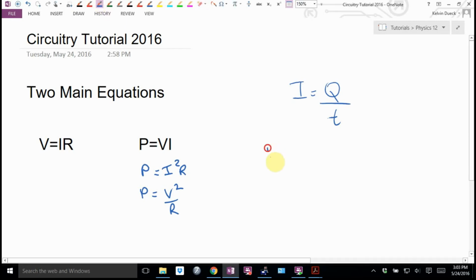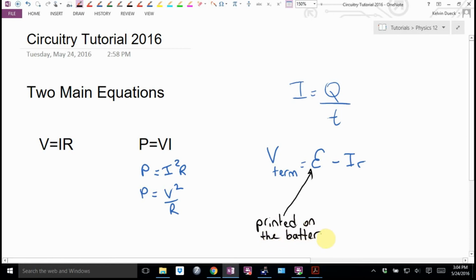The third equation was terminal voltage, which is the maximum theoretical voltage minus what you lose going through the battery. The EMF, that symbol E, is printed on the battery.